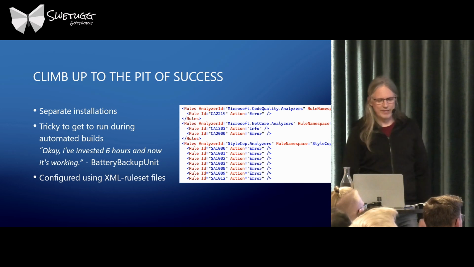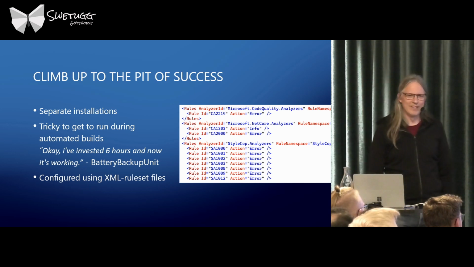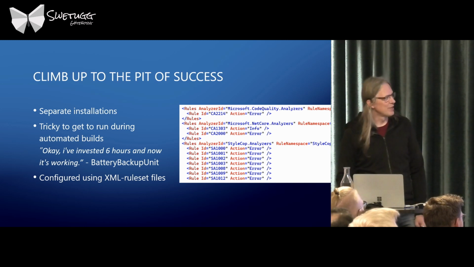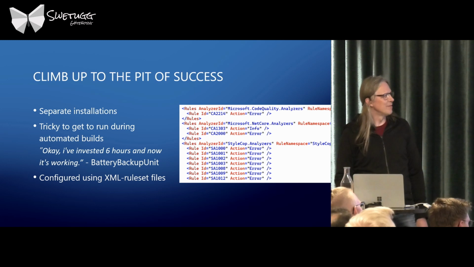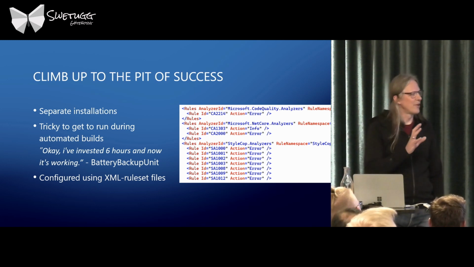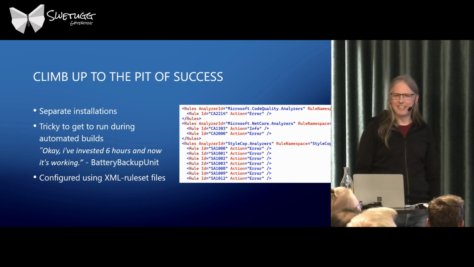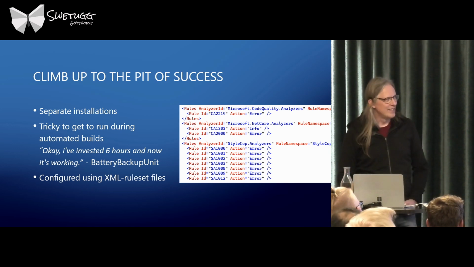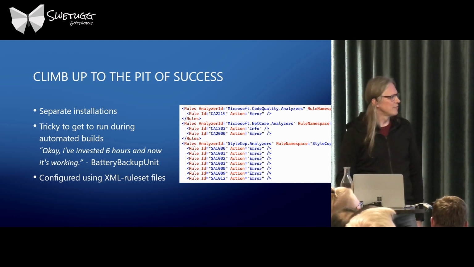They both, however, suffered from something. You might have heard of falling into the pit of success, which Microsoft uses a bit. This was more a climb up to the pit of success, because there were separate installations. And this was in the earlier days of the internet, so you didn't necessarily find everything easily. You had to dig into the SDK, CDs and stuff like that to find your installation files.